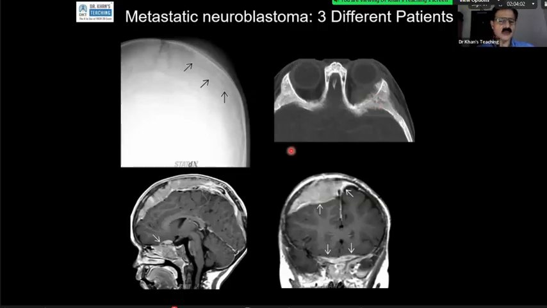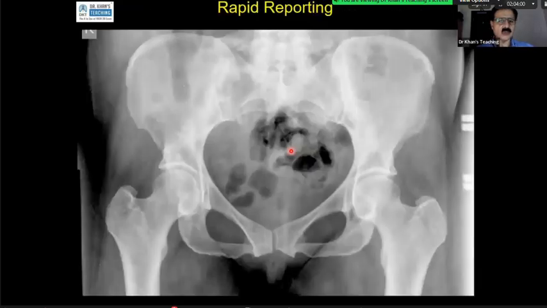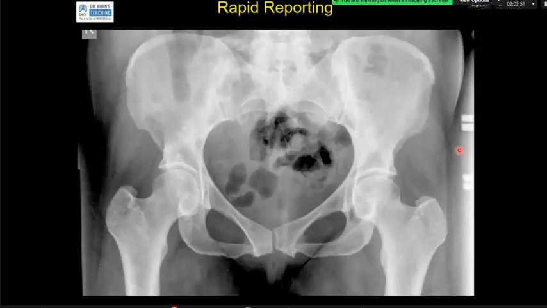So skull X-ray also is in the same category. Okay, normal, abnormal. Candidate 2, normal or abnormal? Okay, let me check. Let me open it for the chat.